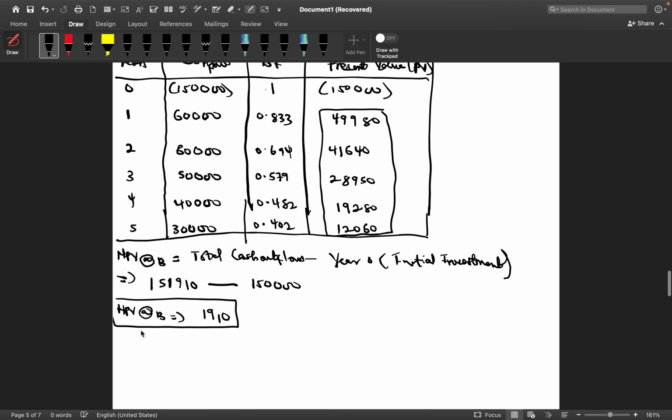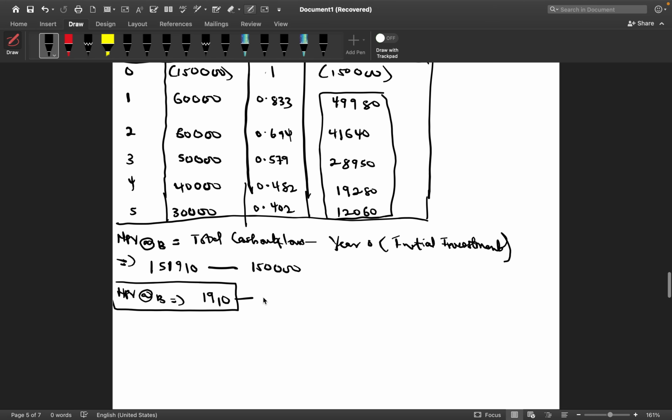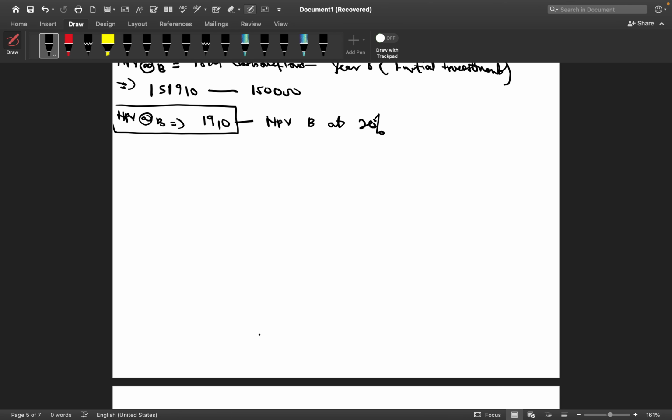So this is NPV B at 20%. So we now have to calculate for what? The internal rate of return, since we have all the projects now.